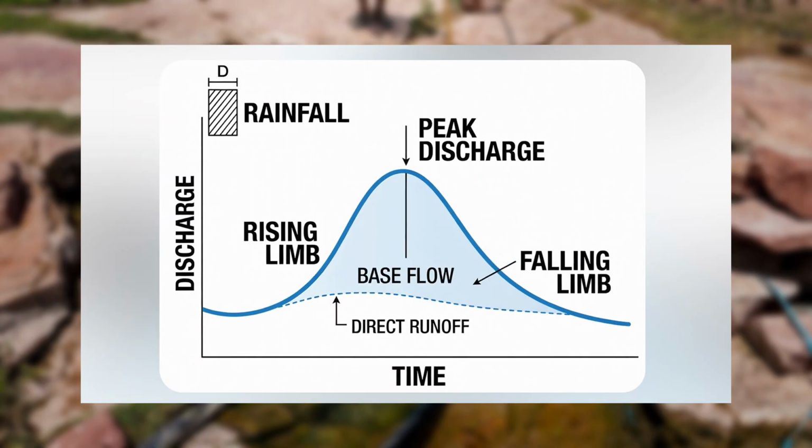Effective rainfall as used in hydrograph analysis is the percentage of total precipitation that directly contributes to surface runoff and then manifests as stream flow.